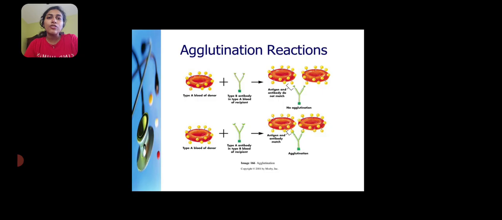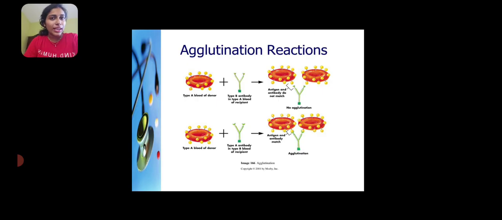A person who has blood group A has antigen A. A recipient who has blood group B has plasma which produces antibody A. So antigen A and antibody A. When antigen A and antibody A, both antigen and antibody are similar, they will react, and the agglutination reaction will occur, which leads to the breaking of the RBC, and that will lead to a severe condition.